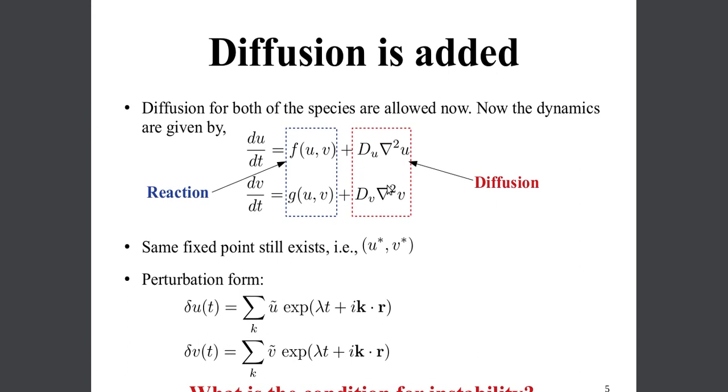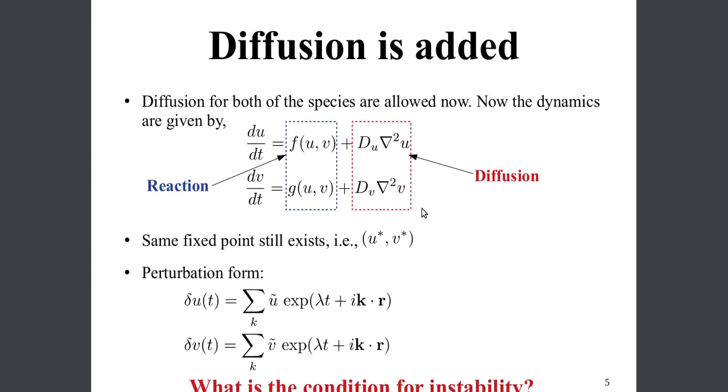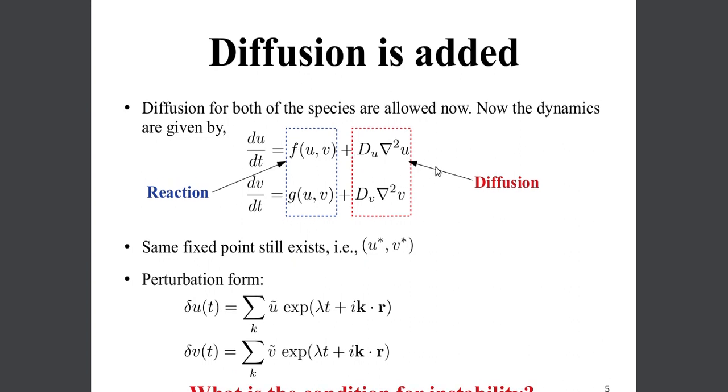And with diffusion, as diffusion is just a spatial derivative involving the spatial Laplacian, the Laplacian operating on a constant gives nothing other than 0. So at u star v star, the right hand side of these equations will be 0. So this is again the fixed point, but now this fixed point can be unstable and some non-uniform stable solution will occur in space.